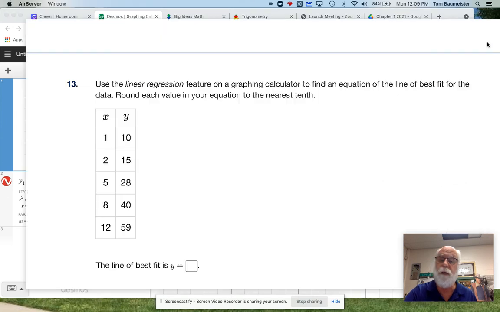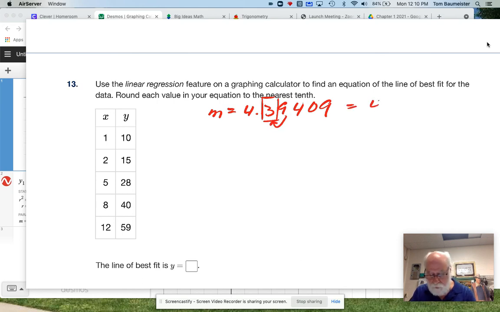So back to this here, I just told you our M was equal to 4.39409. And they said to the nearest tenth. So remember, the nearest tenth is the first one after the decimal place. So I look at the hundredths here. It's a 9, so it's greater than 5. So I know I'm going to move that up. So I'll have 4.4.